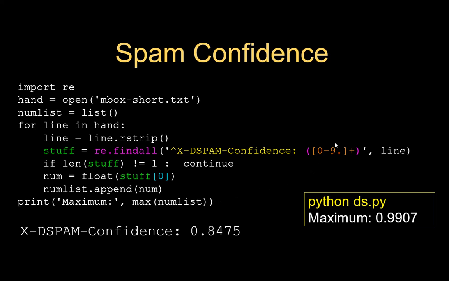We will find the maximum probability of spam confidence based on each line searched. In this case the result would be maximum equal 0.9907. So that's how we use it. This is only one of the spam confidence values we looked for.